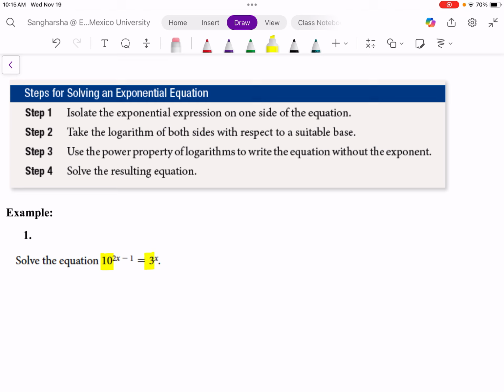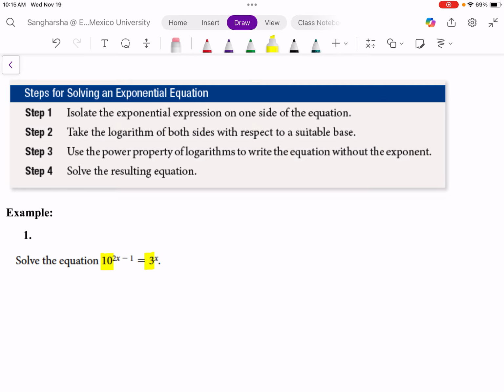Now, is it possible for us to have the same base on both sides? Can we rewrite 10 and 3 with the same base? No, right? So there is no way we could make the same base on both sides.